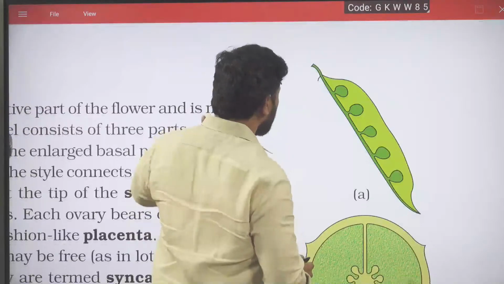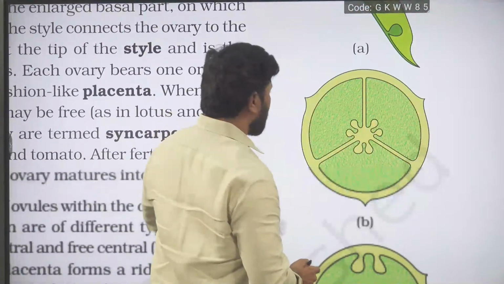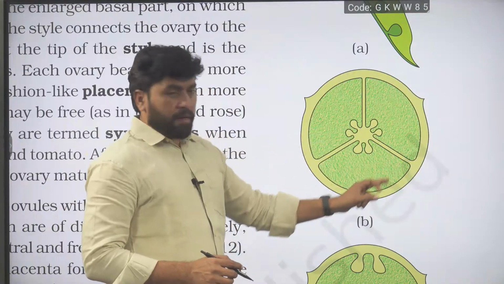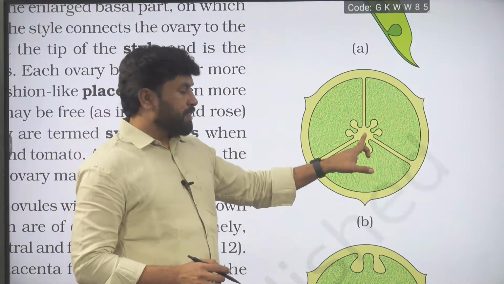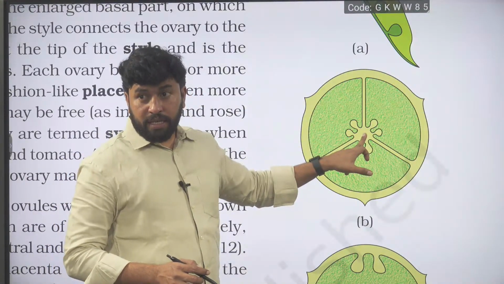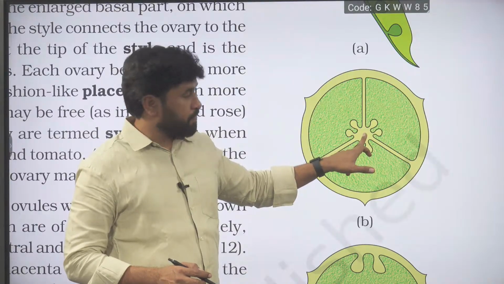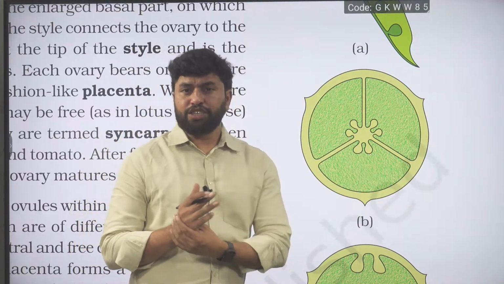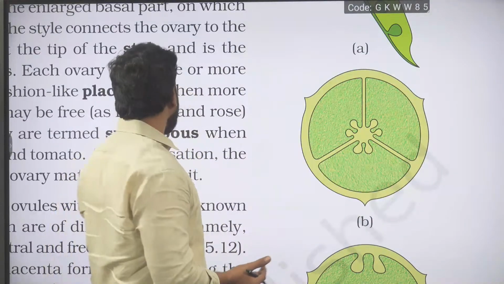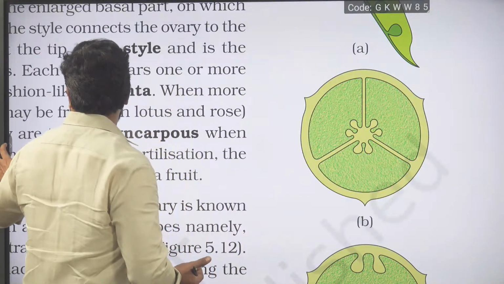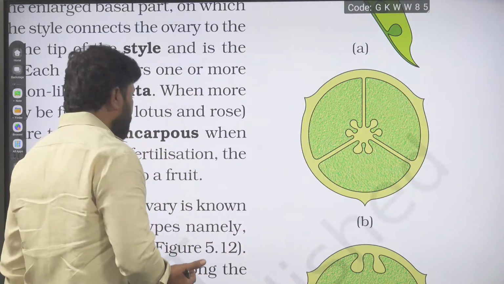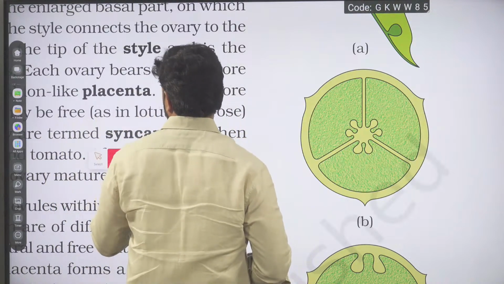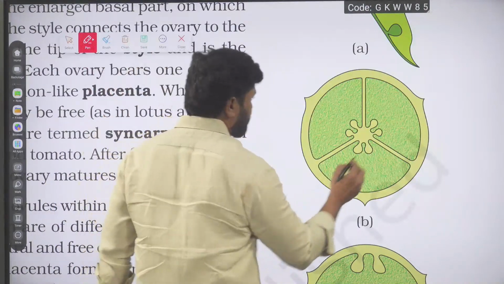Next, axial placentation. In axial placentation, the placenta is present at the center of the ovary, and the ovary will be divided into multiple chambers. Each chamber we call a locule. That's why these ovaries are multilocular ovaries.